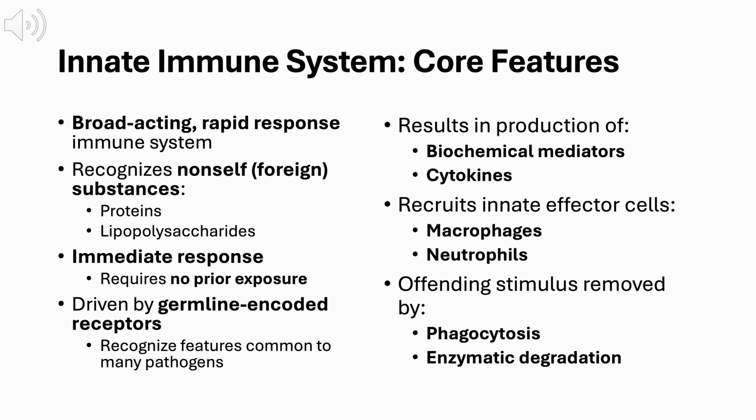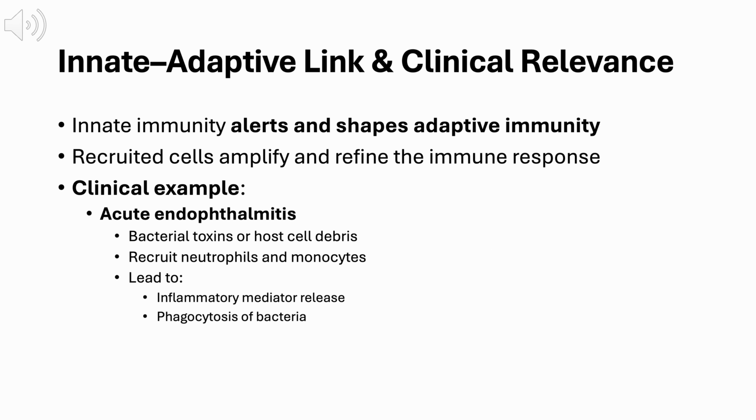Recognition triggers the production of biochemical mediators and cytokines, which recruit effector cells such as neutrophils and macrophages to the affected tissue. These cells then remove the offending stimulus through phagocytosis and enzymatic degradation. The key advantage of innate immunity is speed, although that rapid response is less antigen-specific than adaptive immunity.